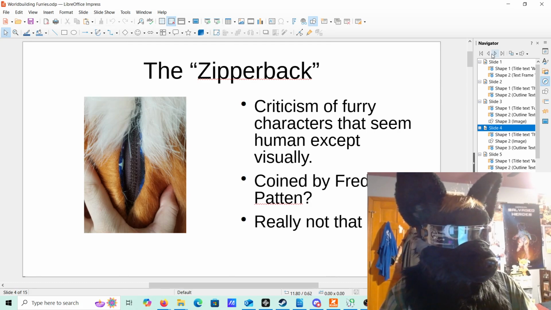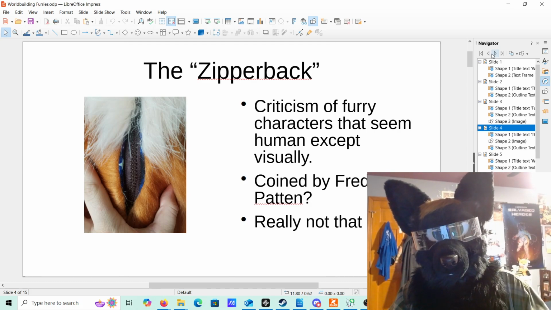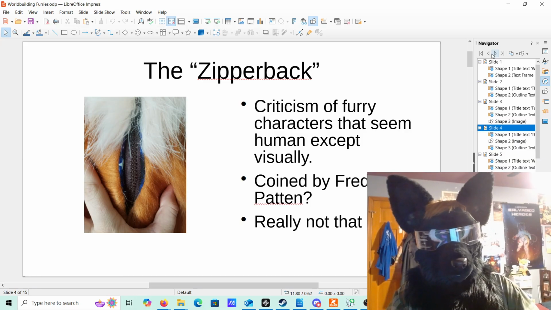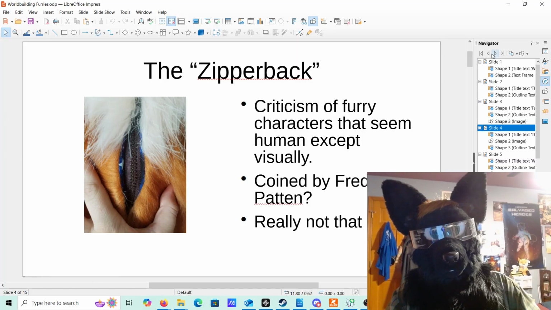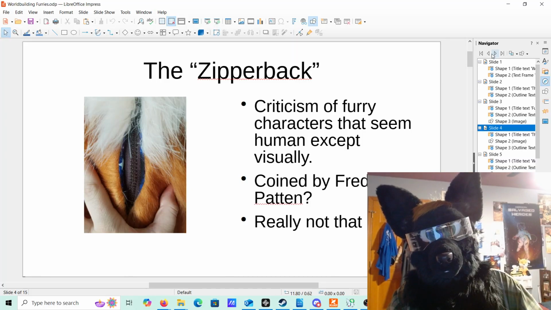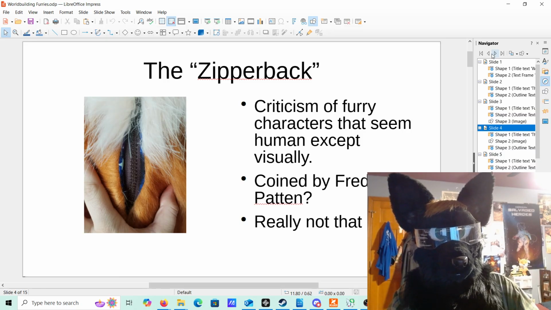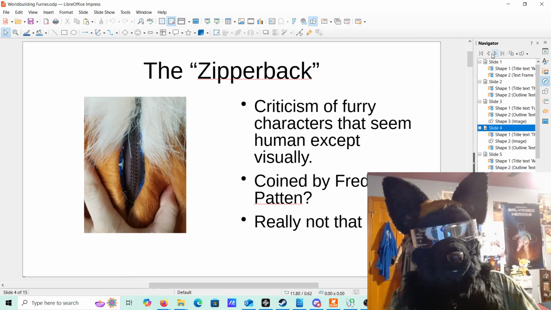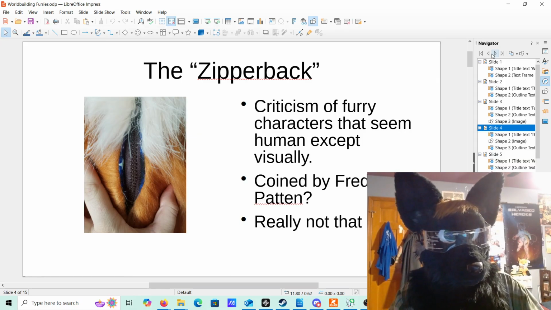So they might as well be humans in fursuits. I'm not sure if it is coined by Fred Patton. It sounds like him. Correct me if I'm wrong. Really, it's not that bad. Okay?